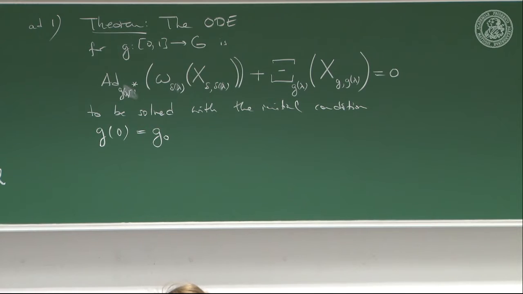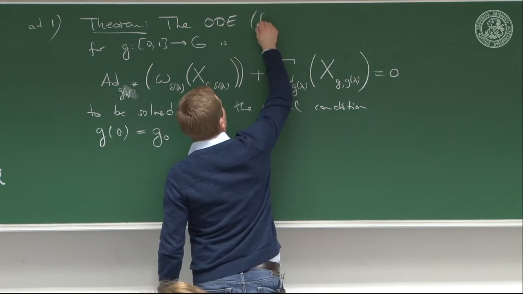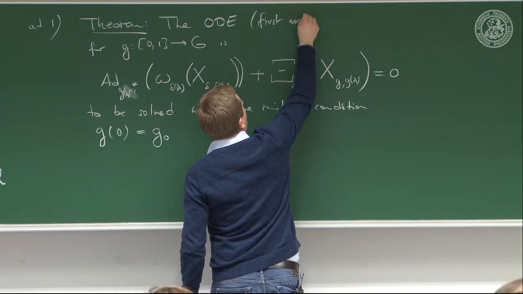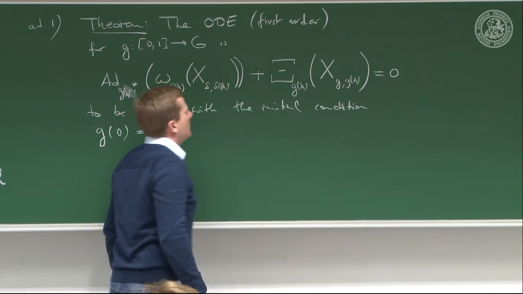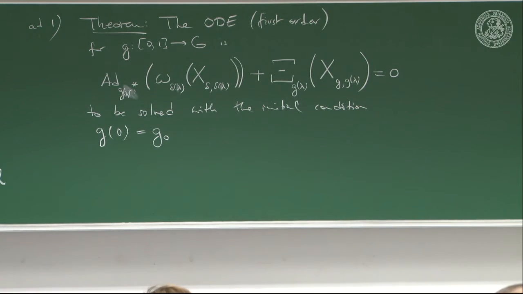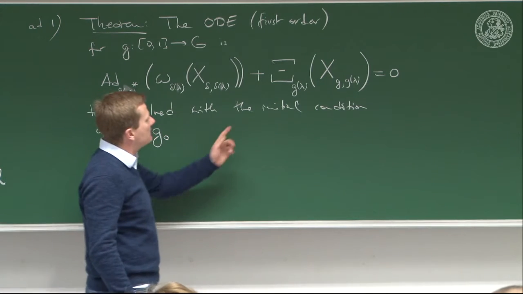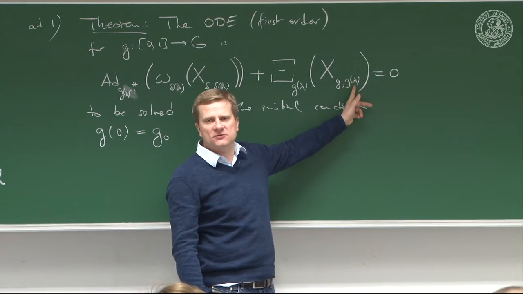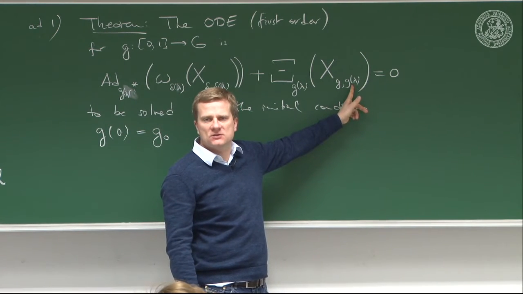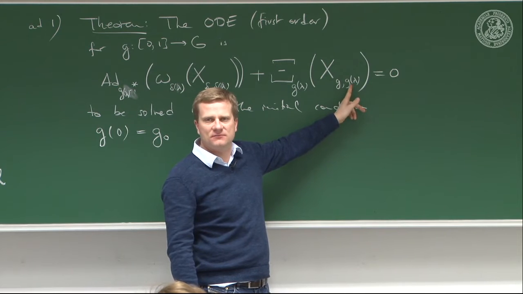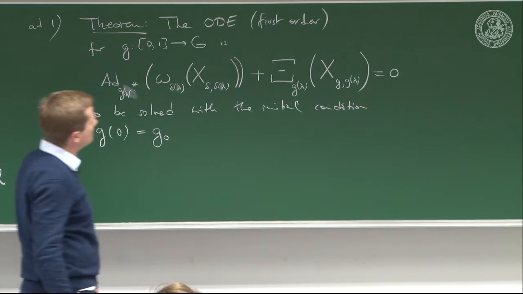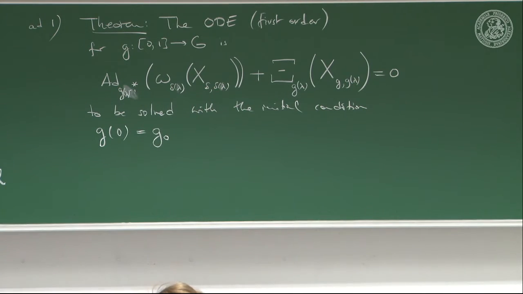And indeed, this is a first order ODE, which in this abstract formulation may not be obvious at first sight, but there is the tangent vector to the curve, so this is the g dot. And so this is a first order ODE which we need to solve.